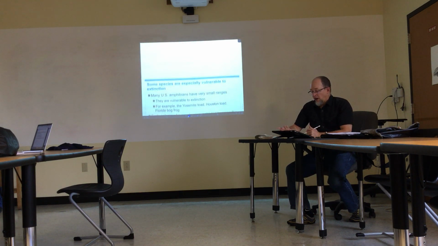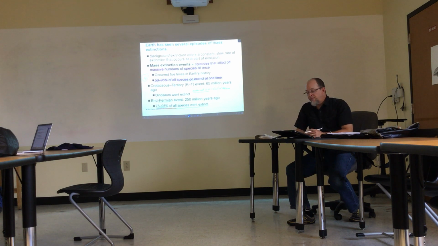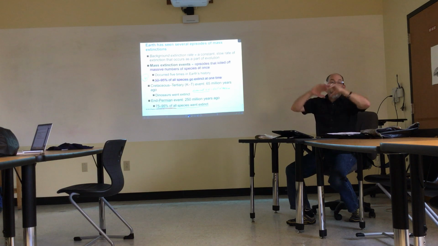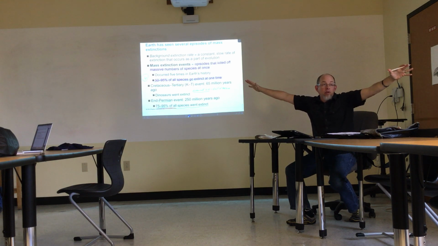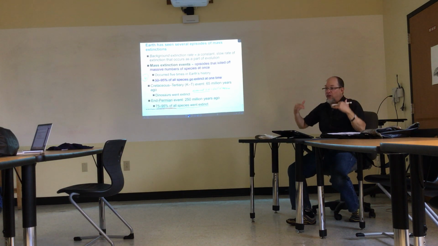Okay, so moving on to slide number 33. Mass extinction events. Historically, a mass extinction event will wipe out 50 to 95% of all life on the planet. Whoa, we've had 5 of them already. We're in the middle of our 6th one.